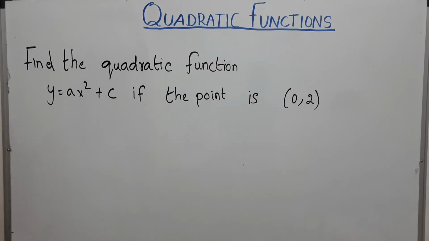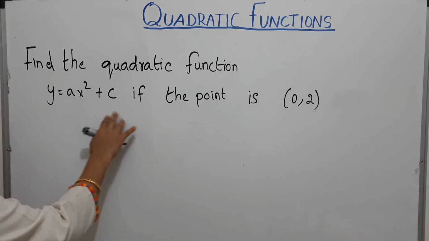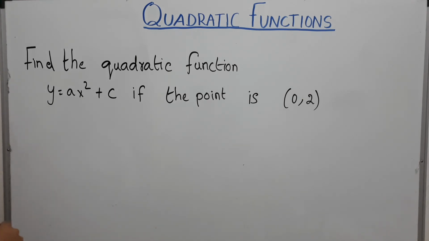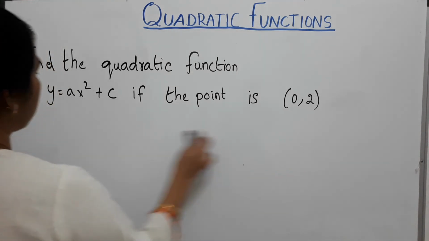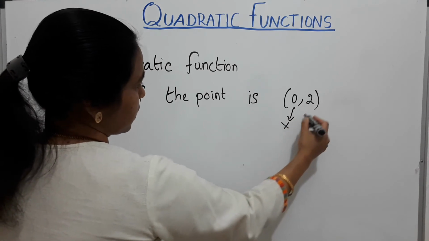In this question, the general function is given and a point is given, and you have to write the quadratic function. So for that, you have to substitute these values in the place of x and y. So this is x and this is y.